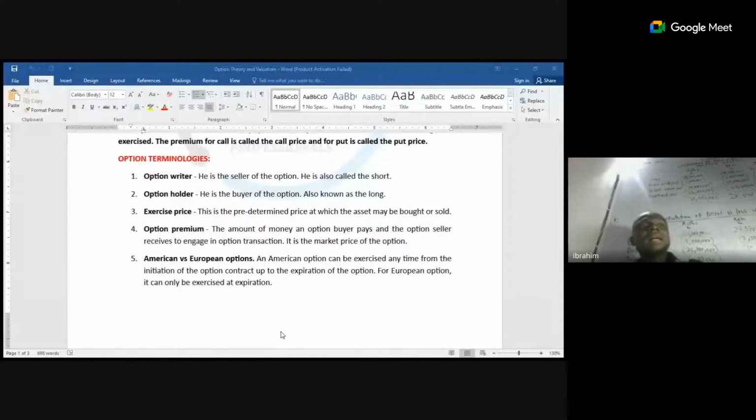And maybe at the end of January or at the end of December, you will sell or you will buy more of the option, or you will sell the option at the underlying assets at the end of December. So you can decide to exercise your rights within that range. You can decide to sell or buy more within that range.